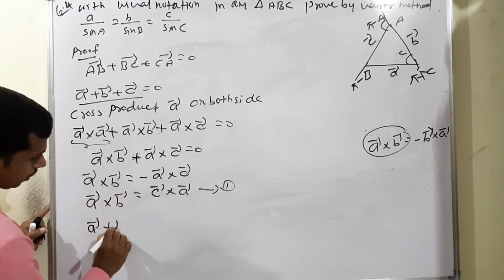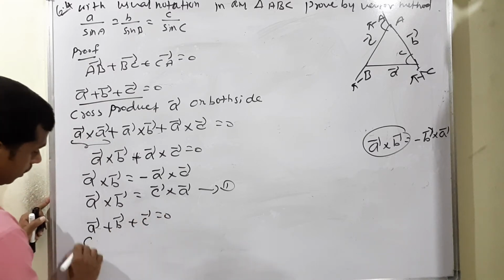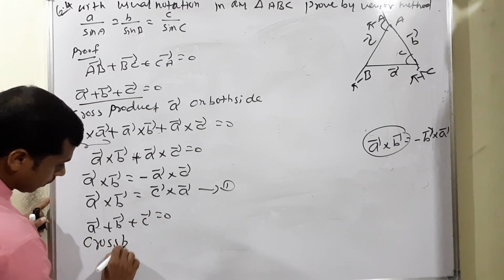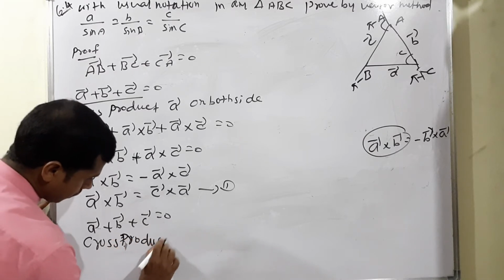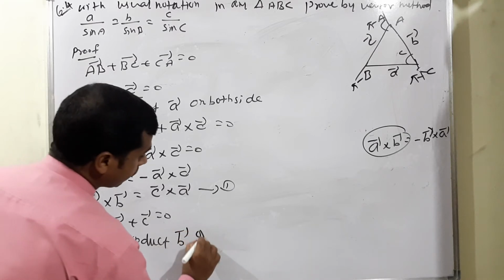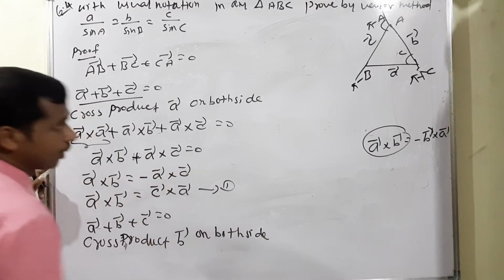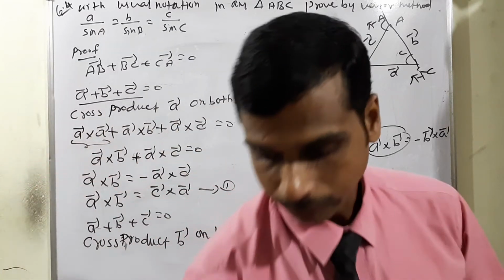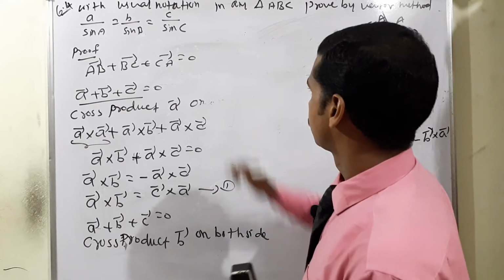So a vector plus b vector plus c vector is equal to 0, again take cross product, now with b vector on both sides. What will happen?